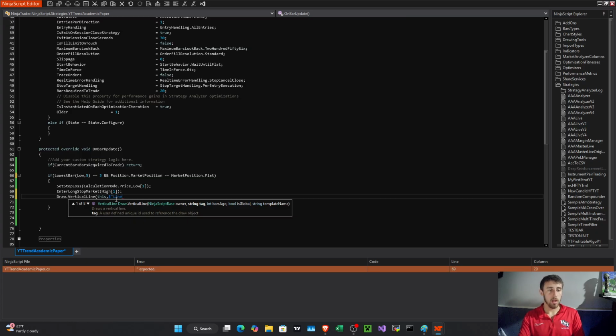We're going to do line, and then current bar. Then it's going to be at time 0 and brushes dot blue.